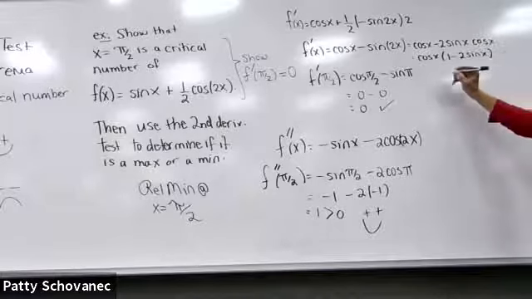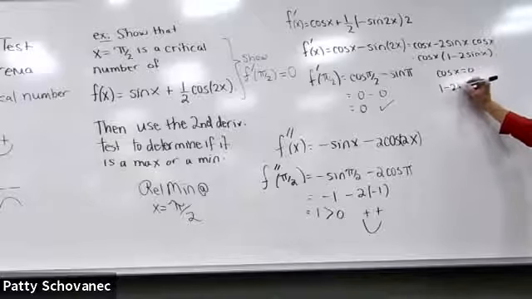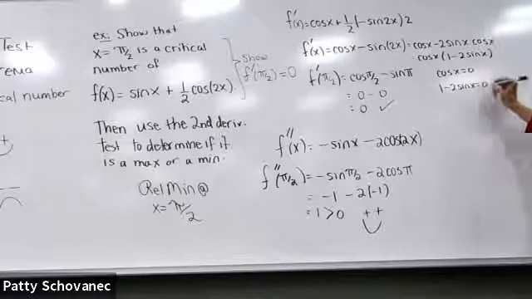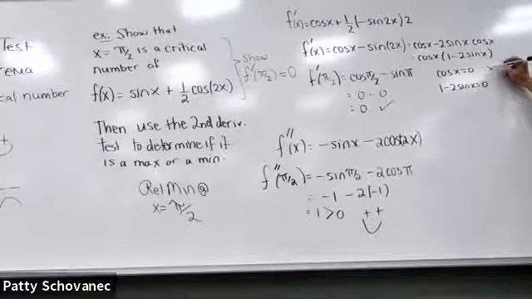Set each factor equal to 0. So here's where I get the cosine of pi halves to be 0. So this gives me x is pi halves and 3 pi halves, and every pi halves thereafter.